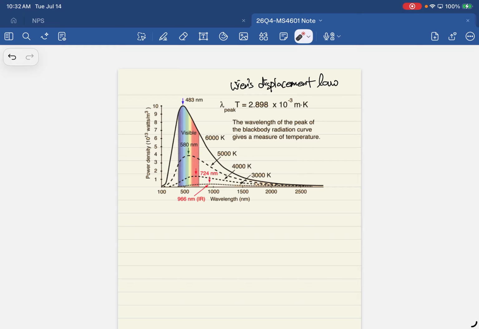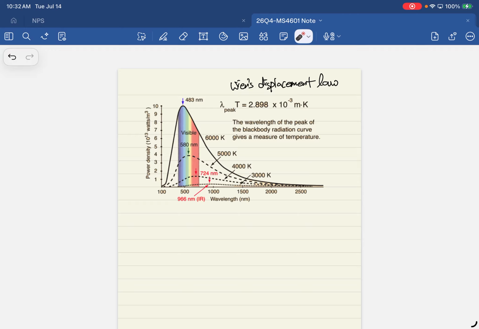But for a 3,000 Kelvin blackbody, the maximum radiation happens at a lambda peak of about 900. Okay, so we have to multiply by 2. Okay, 966.